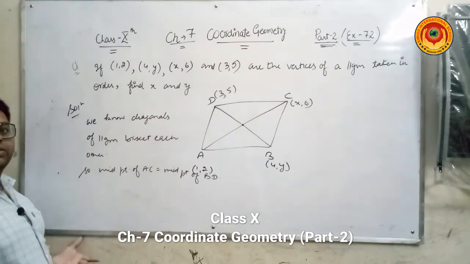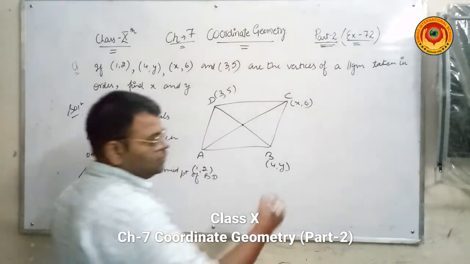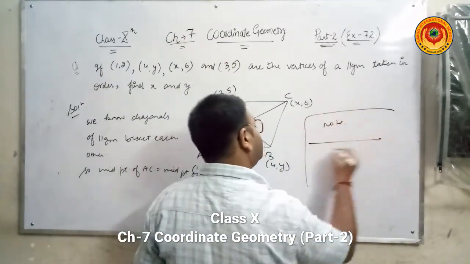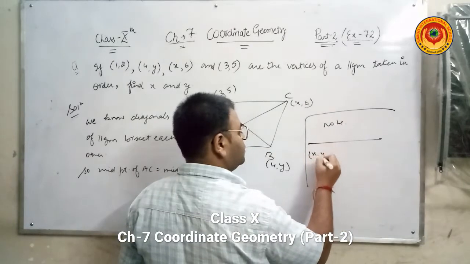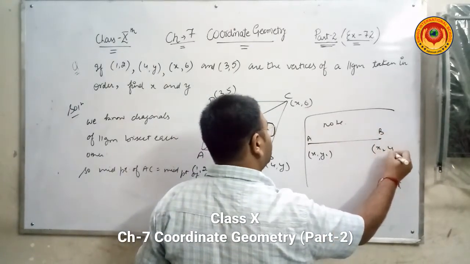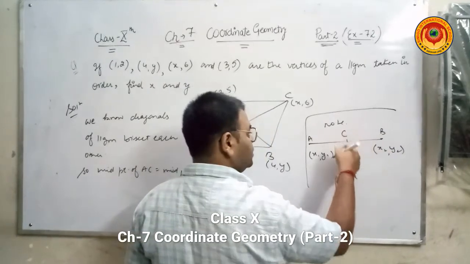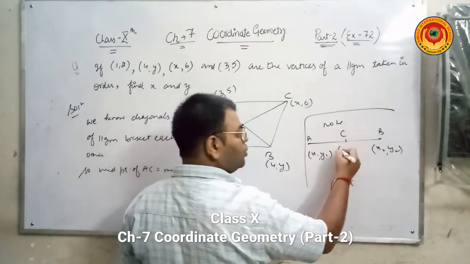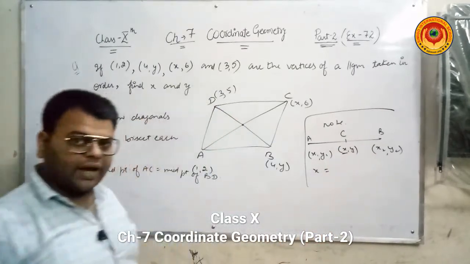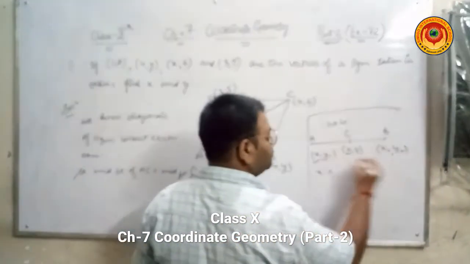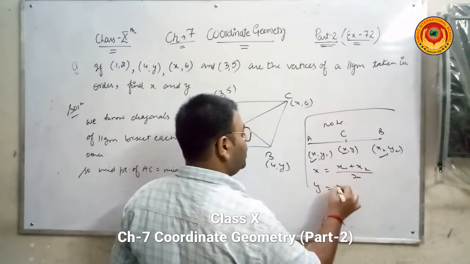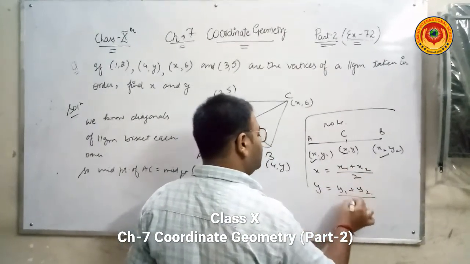How we can find the midpoint? So see, suppose you are having this line, having coordinate x1 y1, and this point coordinate x2 y2. This midpoint, see how you can find x and y. To find the coordinate of x, just add both terms, x1 plus x2 upon 2 and y1 plus y2 upon 2.